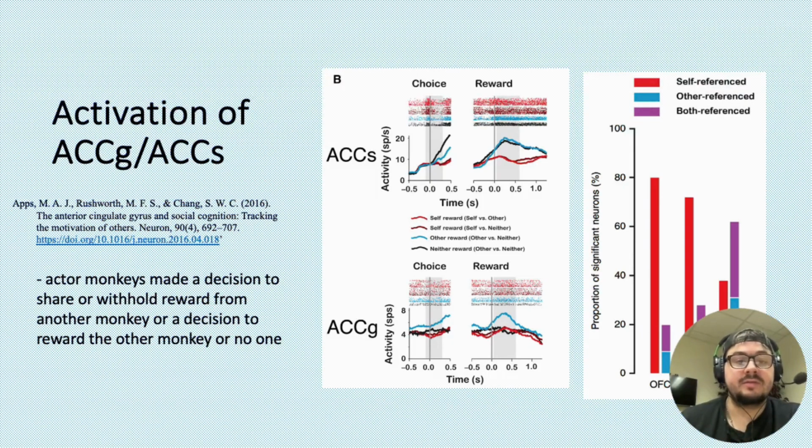This also ties into the idea of being able to mentalize or interact with other people's thought processes, and to calculate your own reward and other people's rewards based on whatever situation you're in.